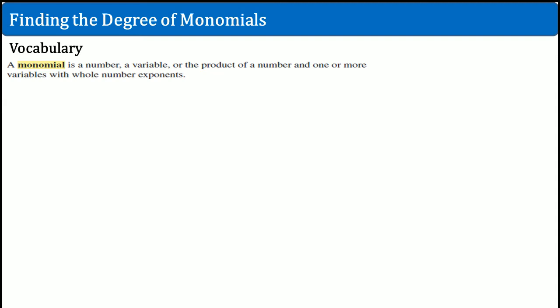So, what that means, okay, is I can show you right now. This is what a monomial could be. It can be a number, so that can be like 1, 5, 3.14. It can be a variable, so it can be x, y, z.